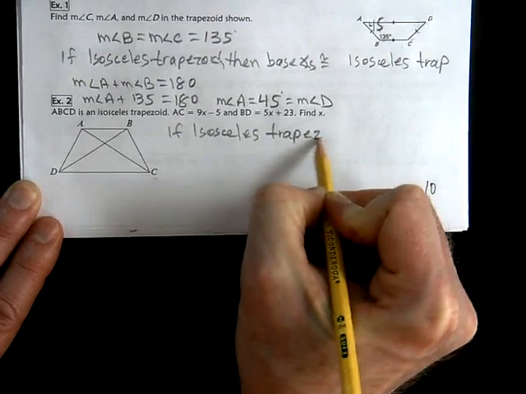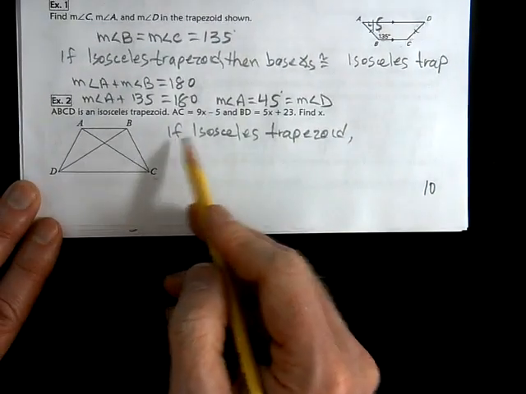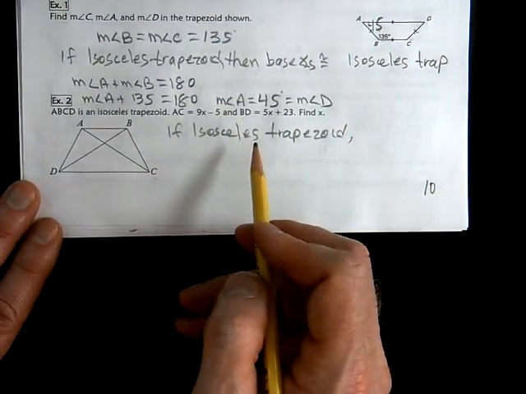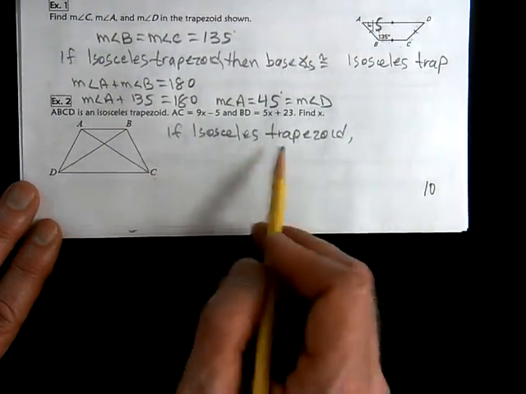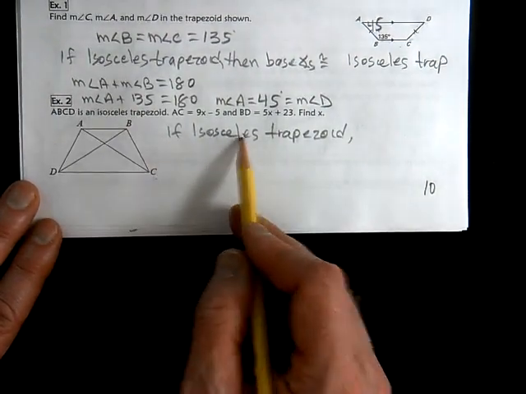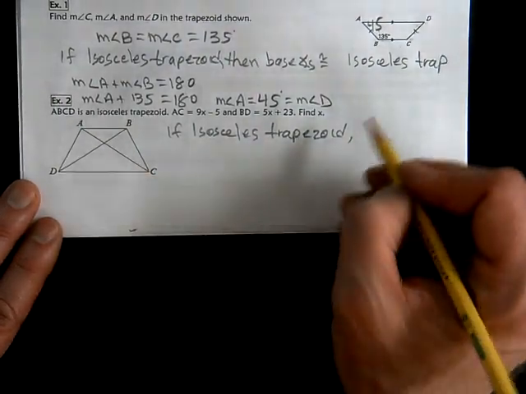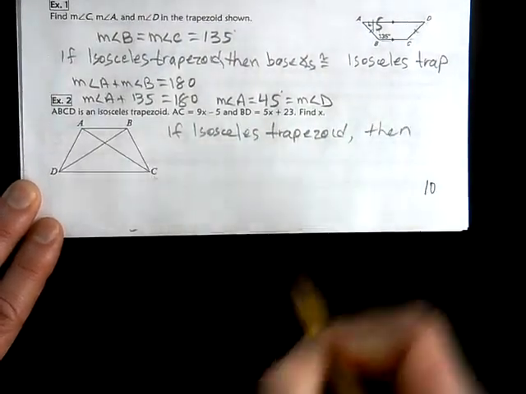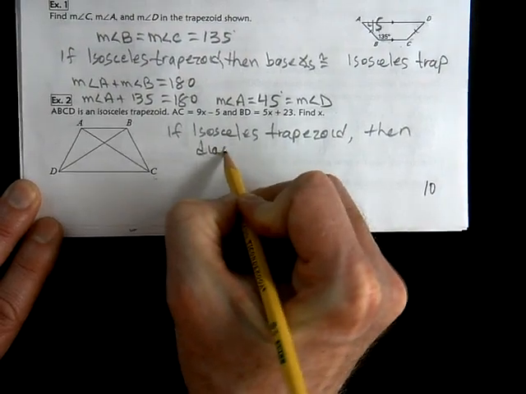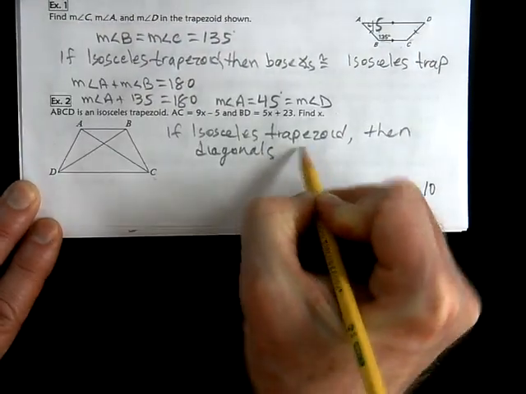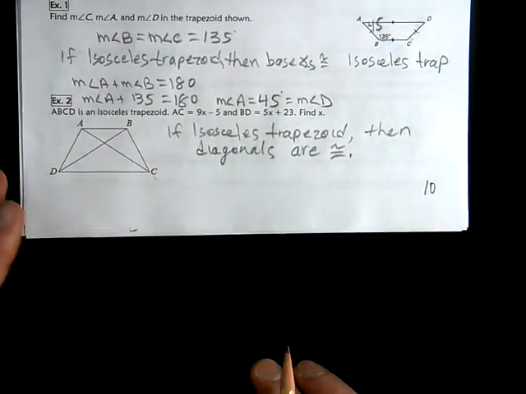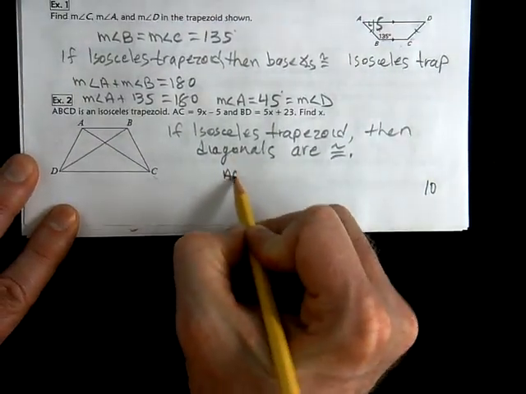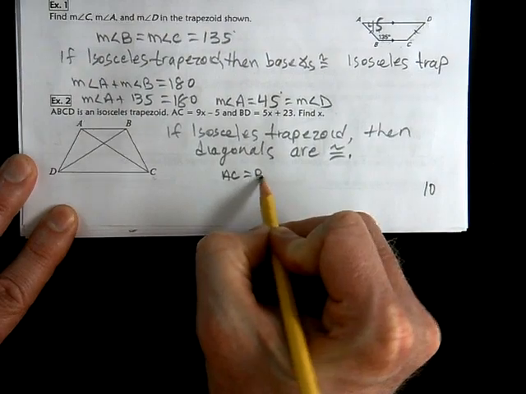If a quadrilateral is an isosceles trapezoid, that'd be a great way to write it, but I'm trying to shorten up the words as much as we can here. So if isosceles trapezoid, then diagonals are congruent.